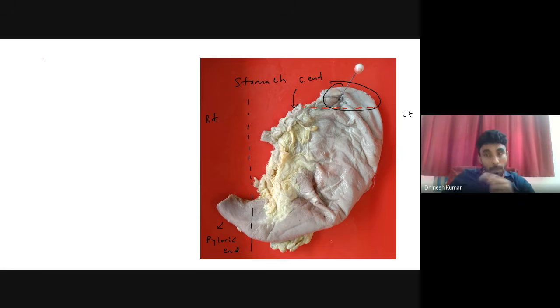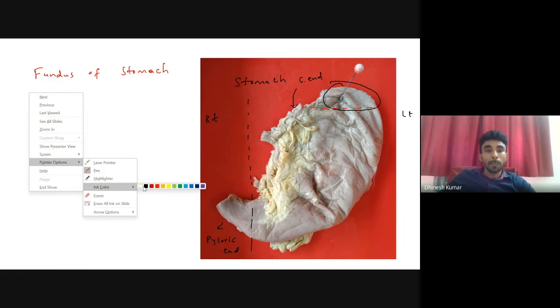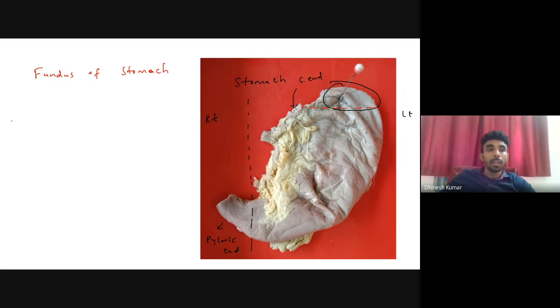So what is the pinned area of the organ you are seeing here? Yes, the pinned area is fundus of stomach. The subquestion may be the location of the pinned area.